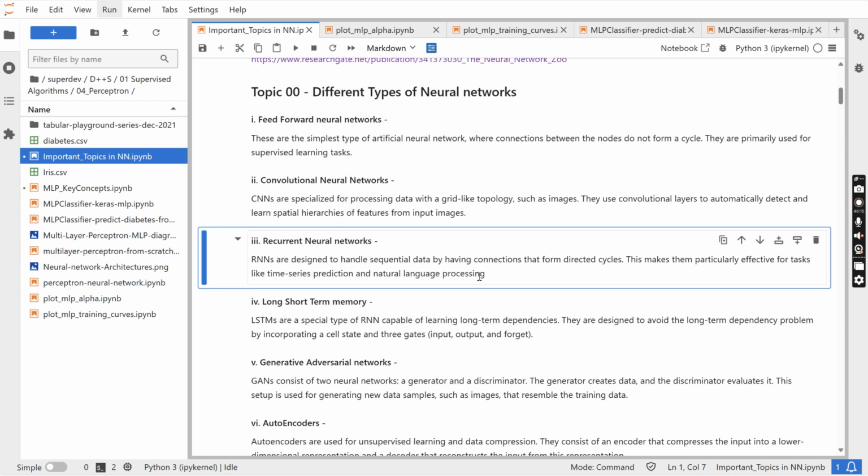So basically they have something called gates in between layers. That is not mentioned here, but recurrent neural networks will have something called gates that remember the previous weights, and that is why they are effective for time series. In time series, you are predicting the next set of data points using the previous series of data points.